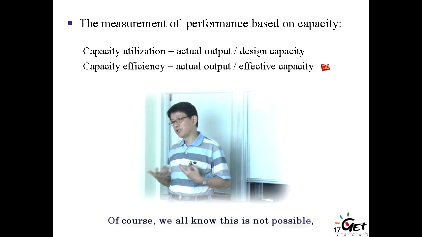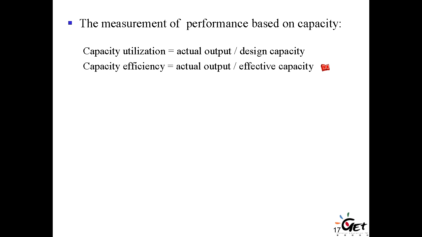Of course, we all know this is not possible, right? Because sometimes we need to stop the facility, stop the function to wait for the regular maintenance, or the unexpected maintenance for the machines, for the devices, etc., right?